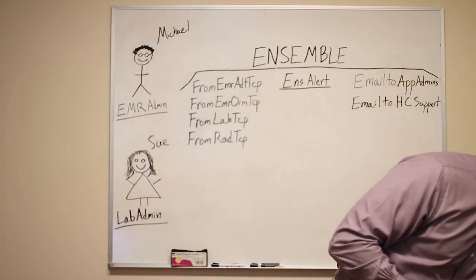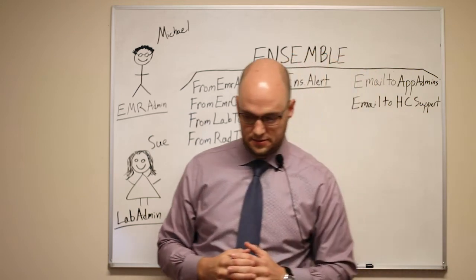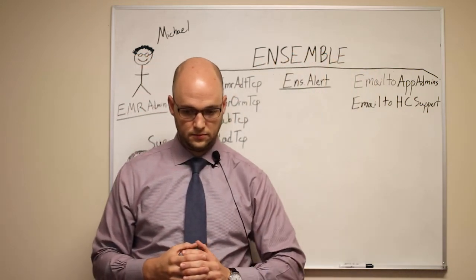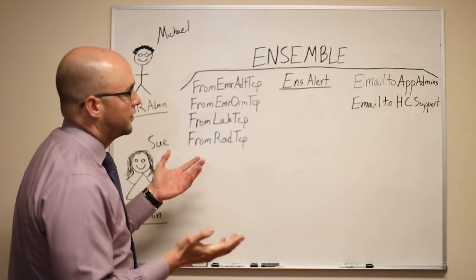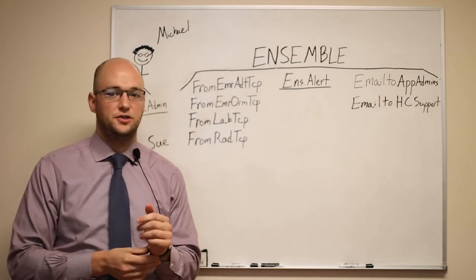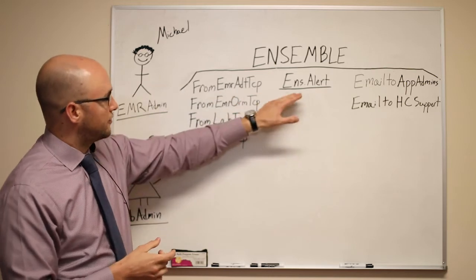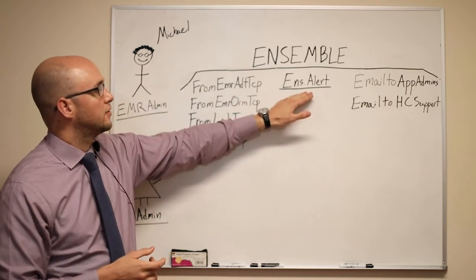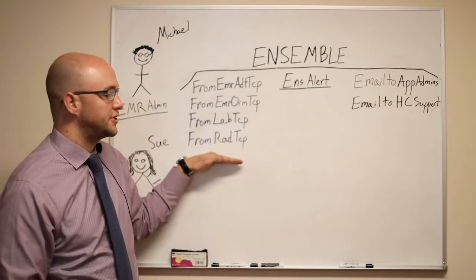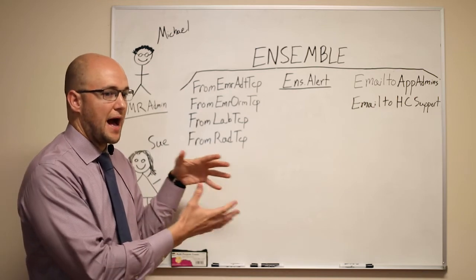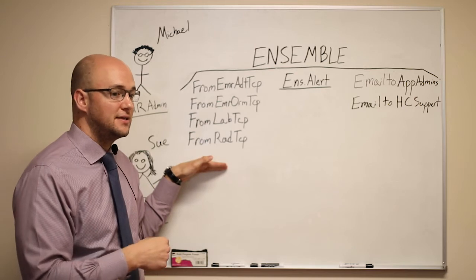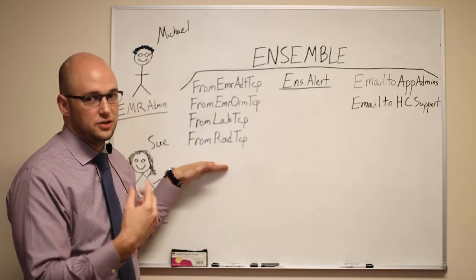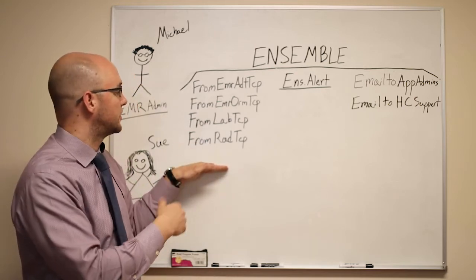Excellent question. Let's go to the next one, Sue. How do you send an alert when messages start flowing again? Good question. So again, what you're going to have to do is either put the logic in ens.alert, or you could have another monitor service that's just running in the background doing monitoring, basically saying if any component's inactive, check if it switches to active or switches to green, like it's good.